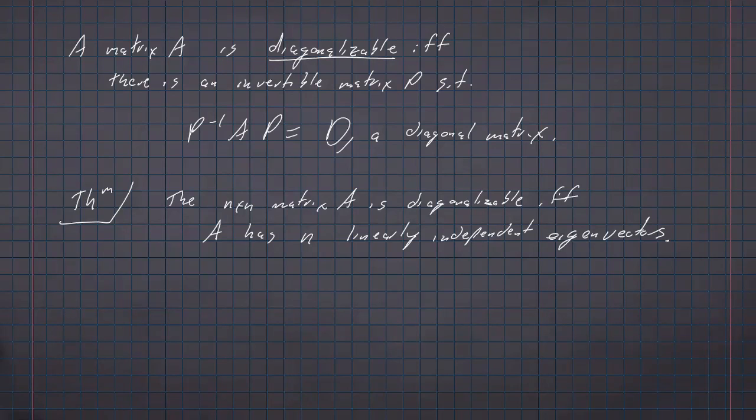Easiest case here, if we have n eigenvalues, each eigenvalue has a linearly independent eigenvector, and we're good to go. If we do not have n distinct eigenvalues, then maybe we'll get lucky and the dimension of the eigenspaces for some of the eigenvalues is more than one, in which case one eigenvalue has multiple linearly independent eigenvectors.